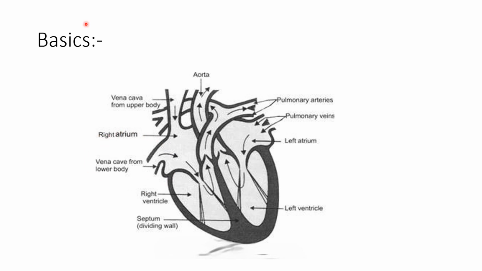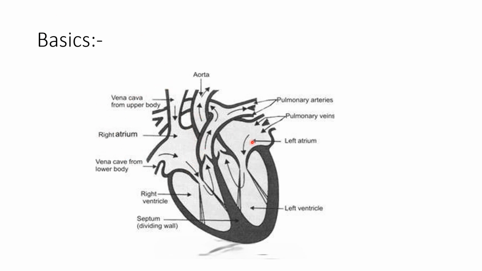Why it is known as superior vena cava and inferior vena cava is because this one is in charge of draining blood from the upper part of the body, and the inferior vena cava is in charge of draining blood from the lower part of the body. Both are draining blood into the right atrium.